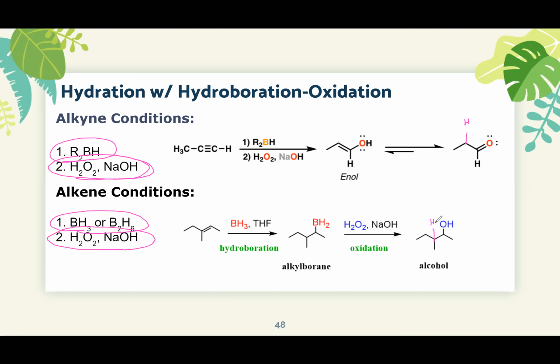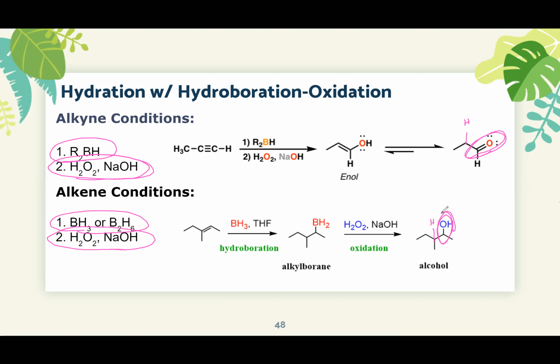And the differences lie in the fact that for our alkyne reactions, we end up with a carbonyl, whereas for an alkene, we end up with an alcohol. And this difference is actually explained by the difference in our boron-containing electrophiles.